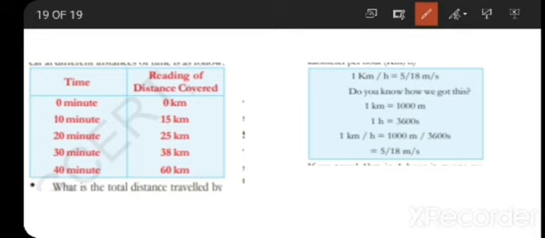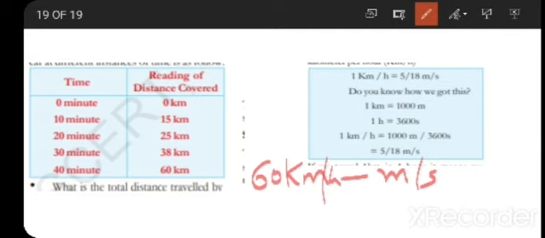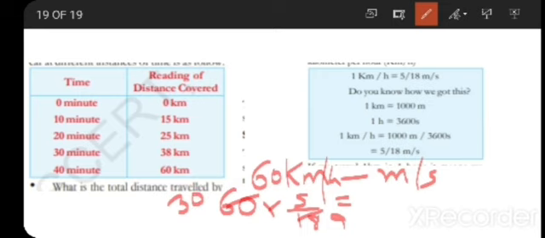Again I will show you. Suppose I want to convert 60 kilometer per hour into meter per second. What should I do? 60 kilometer per hour into 5 by 18. 2 9s are 18, 3 3s are 9, 3 10s are 30.